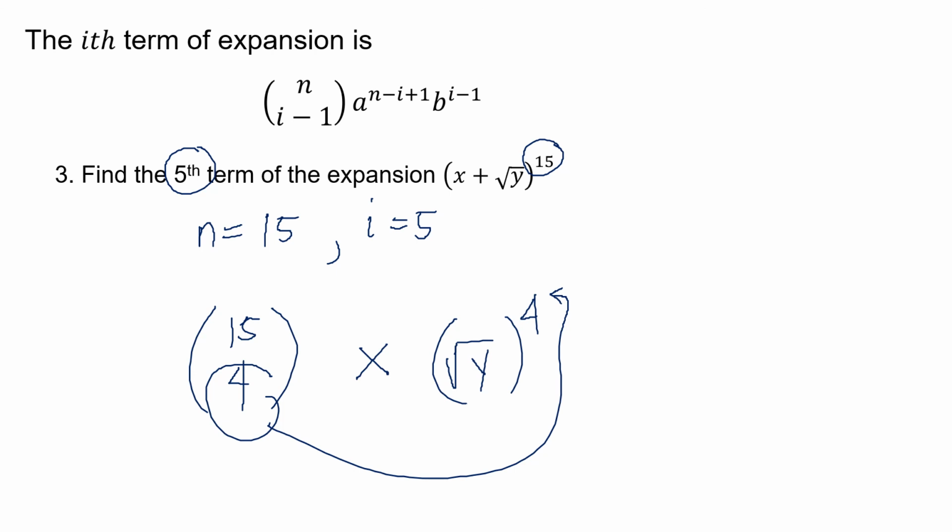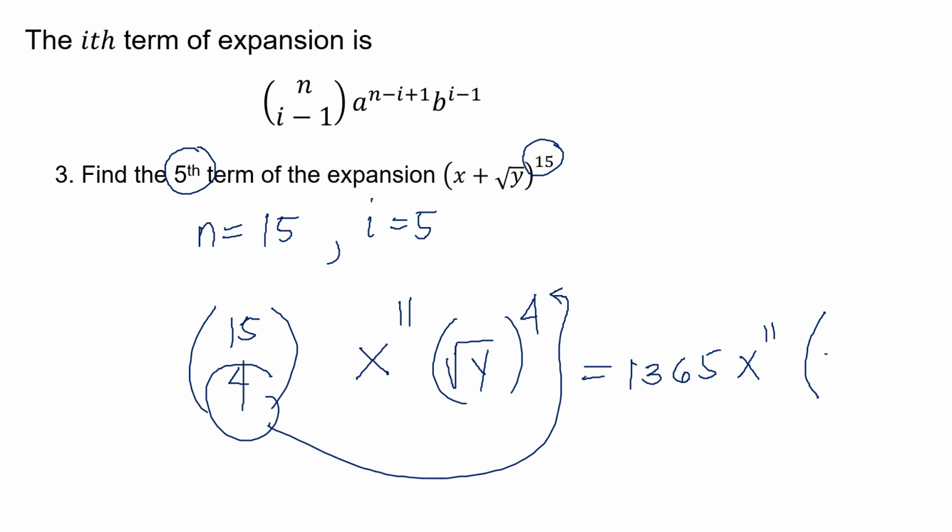So 4, tanggalin ang 4 sa 15, then this must be 11. So that 11 plus 4 is equal to 15. So if we simplify 15 taken 4 at a time in the combination, that is equal to 1365. 1365x raised to 11.